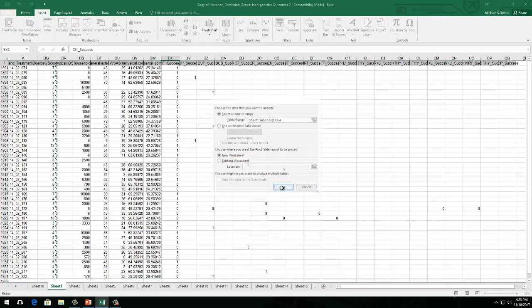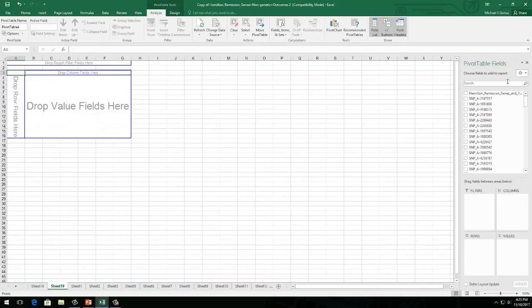Okay, so there's a new table. Instead of generalized anxiety diagnosis, we're going to type in drug abuse diagnosis, which is right here. It goes in the rows.